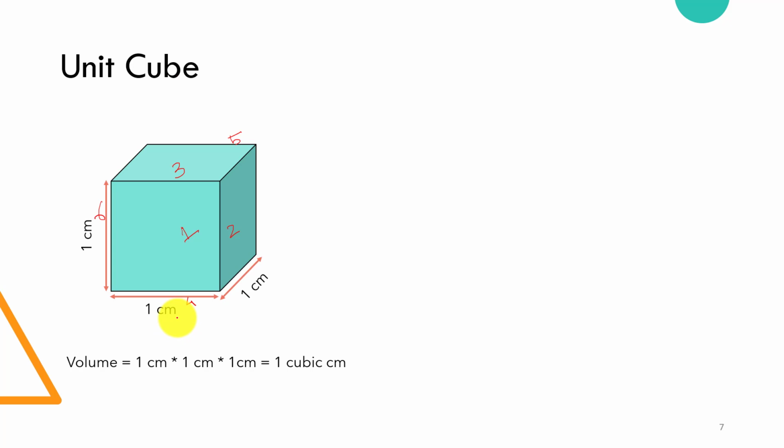Now if we try to calculate the volume of this cube, we can think of it intuitively. Let me draw a cube, whatever we are seeing here. I'm not drawing to scale. So this is our lower face.